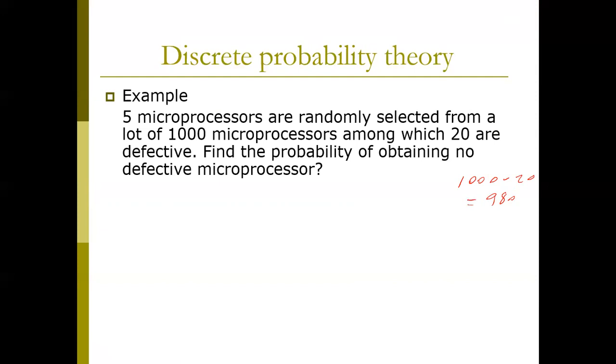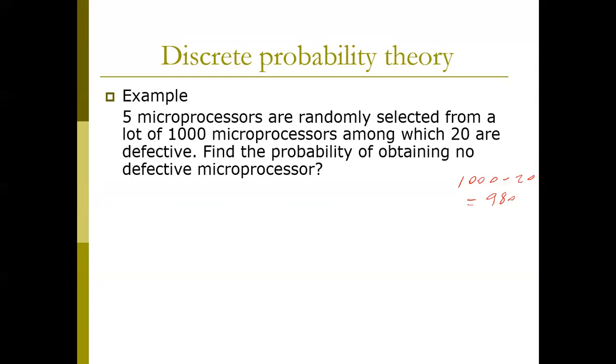So find the probability of obtaining no defective microprocessor from a lot of 1,000 microprocessors, of which 20 are defective.